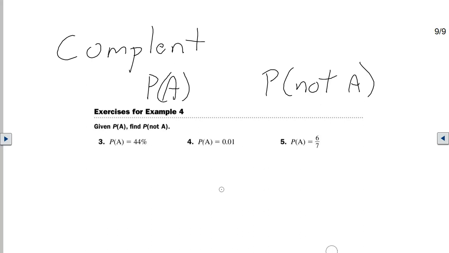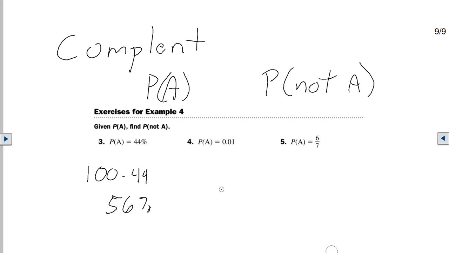So I just got 3 examples here. If it said given the probability of A, find the probability of not A, that's the complement of the event. So if the probability of event A is 44%, its complement would just be subtracting from 100%, so that would be 56%.